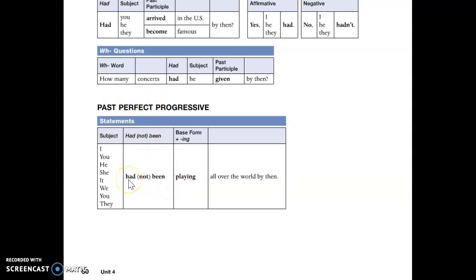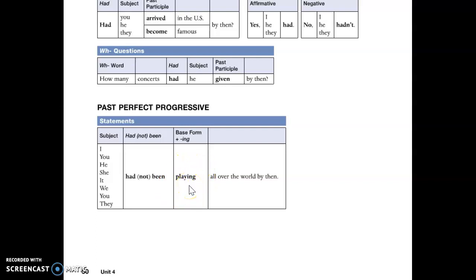So we will have had, been. These two will never change, okay? But this changes depending on what meaning we want to add to the sentence. So playing, going, studying, sleeping, eating, drinking, right? So this will be the only one that changes, but we also have to remember to add that ing to the main verb.